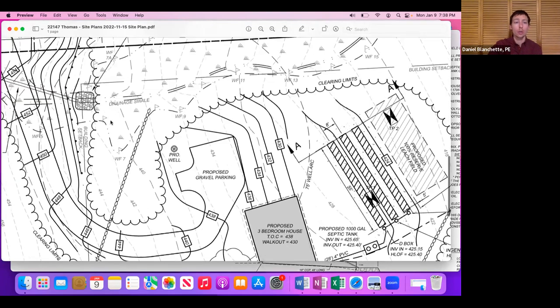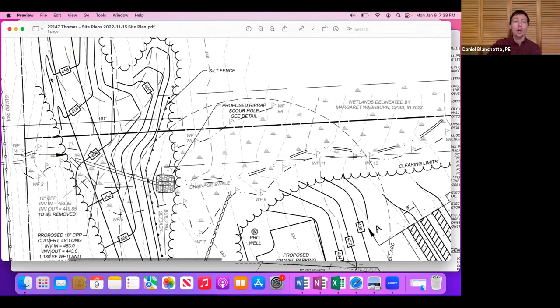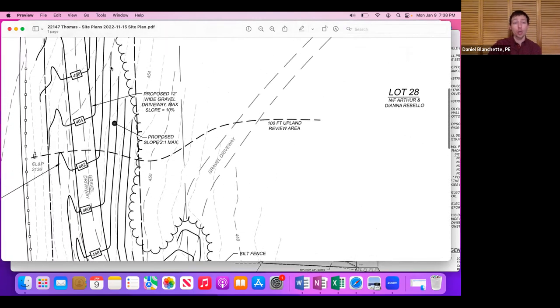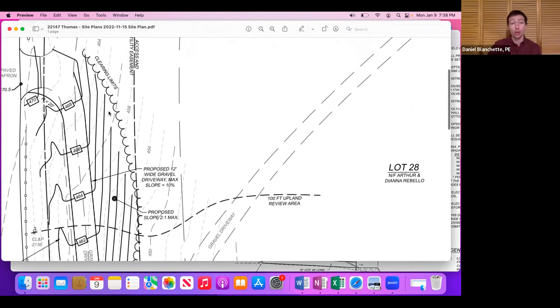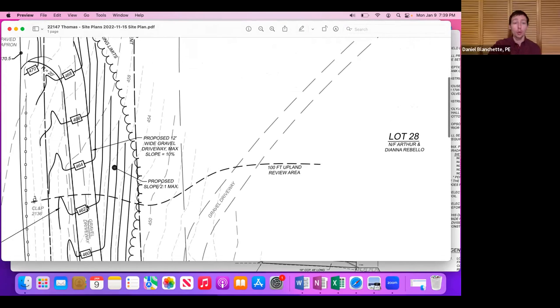So just going back to one of Marla's earlier questions, talking about the driveway. I'm proposing a cross slope of this driveway, which is a little unusual for a gravel driveway. Typically they're crowned, but again, with the very steep conditions of this site, you'll see I'm proposing a cross slope.